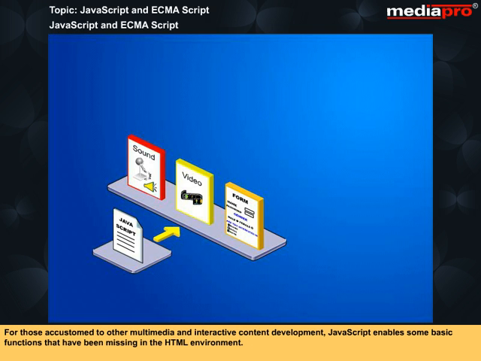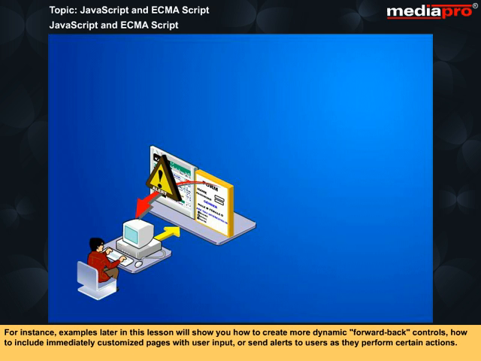For those accustomed to other multimedia and interactive content development, JavaScript enables some basic functions that have been missing in the HTML environment. For instance, examples later in this lesson will show you how to create more dynamic forward-back controls, how to include immediately customized pages with user input, or send alerts to users as they perform certain actions.